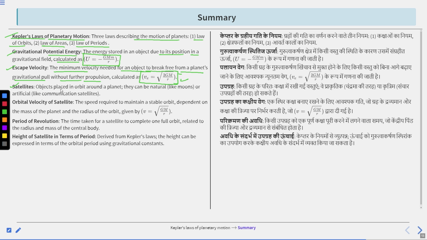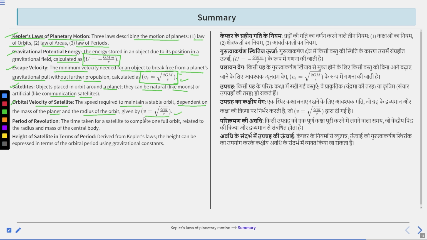Satellites, objects placed in an orbit around a planet. They can be natural like moons or artificial like communication satellites. Next is orbital velocity of satellite, the speed required to maintain a stable orbit, dependent on the mass of the planet and the radius of the orbit, given by V equal to under root GM divided by r.